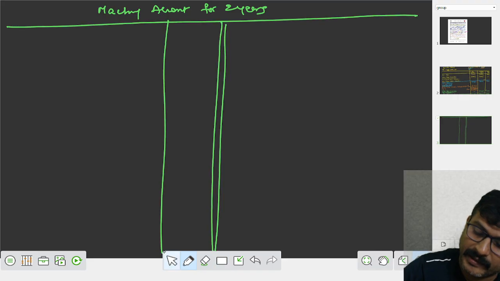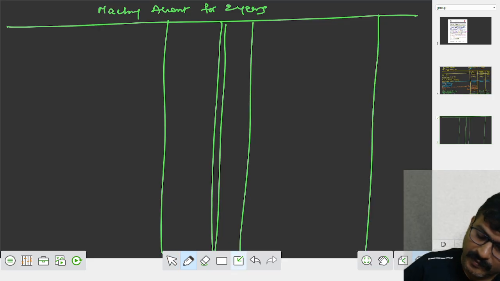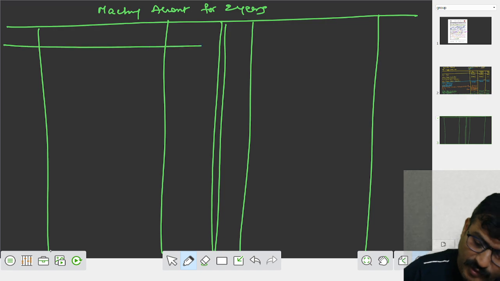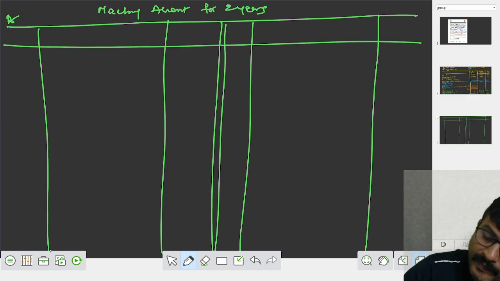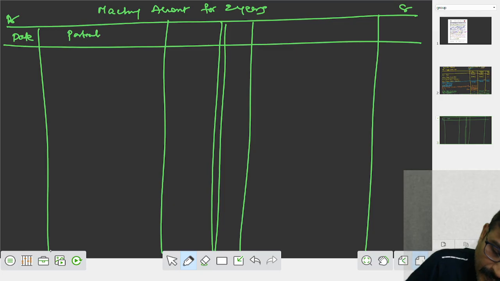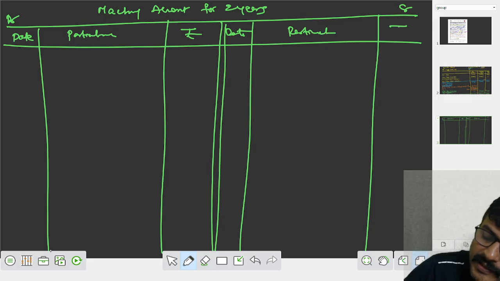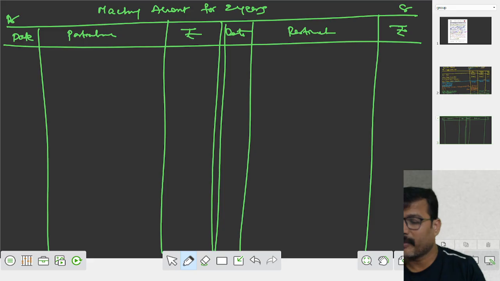See, we have to prepare the machinery account for how many years, my dear student? For 2 years. Get ready with all the things as date, particulars, rupees. Shall we start?